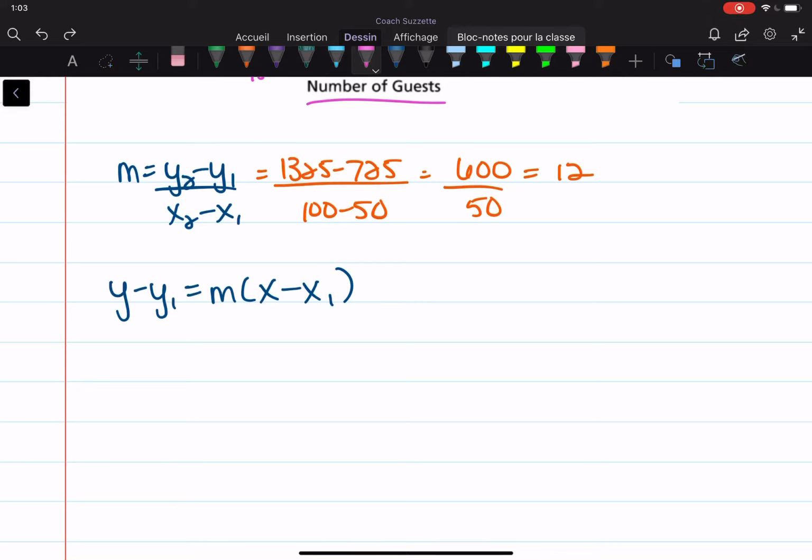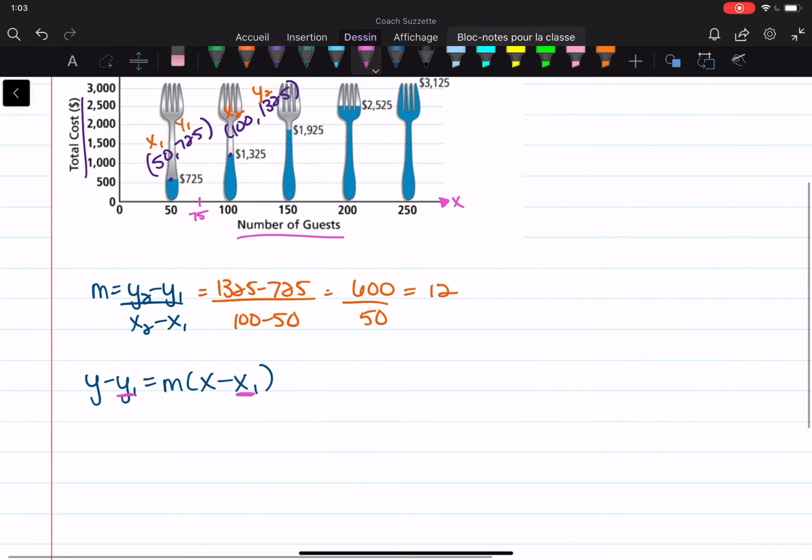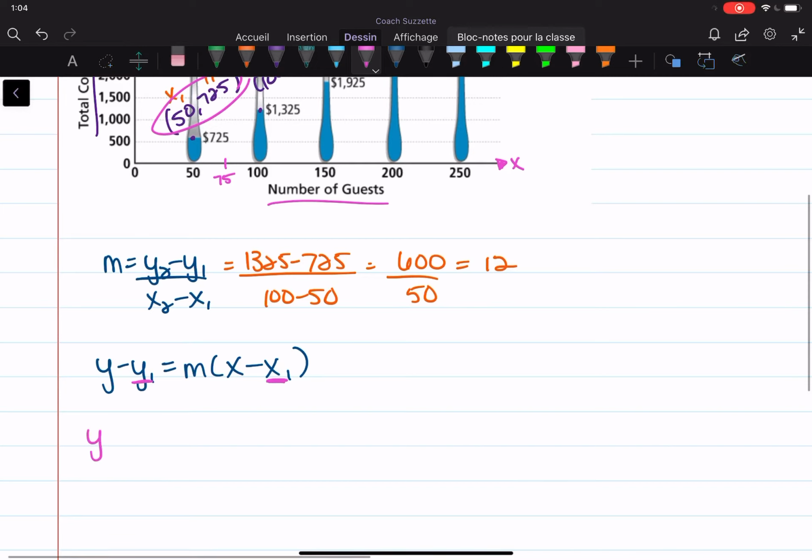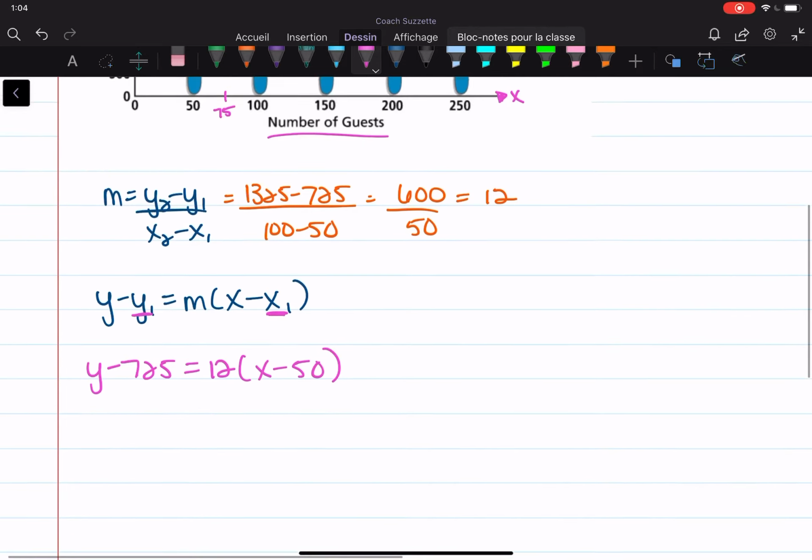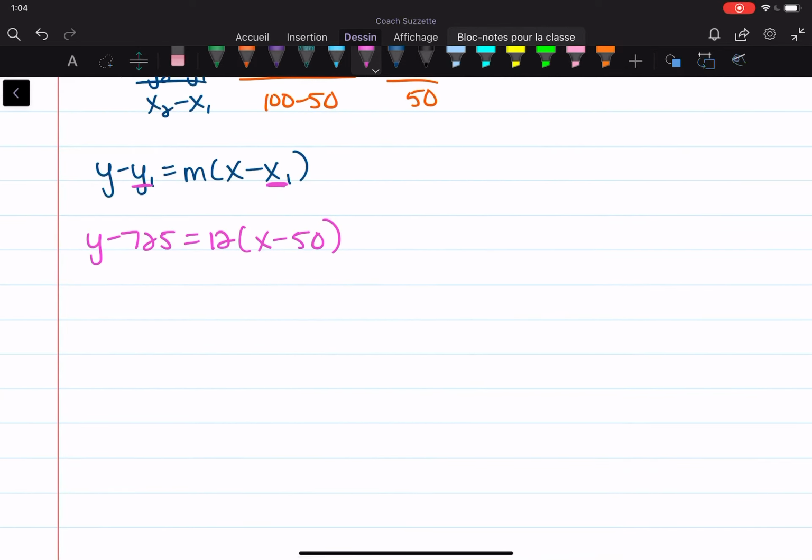Let me show you. So if we substitute first one of our given points, let's pick this one, we would have y minus 725 is equal to 12 times x minus 50. I also substituted my slope here.